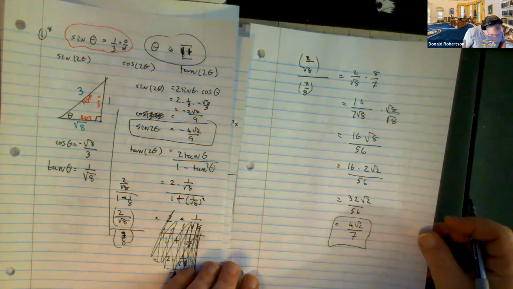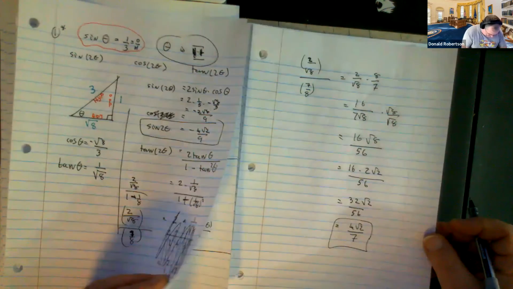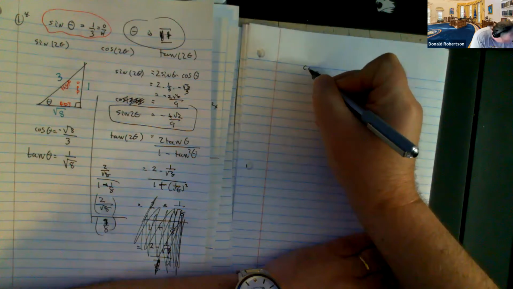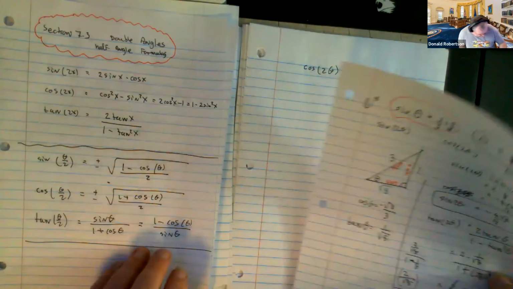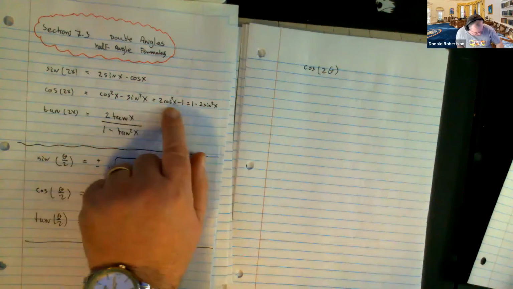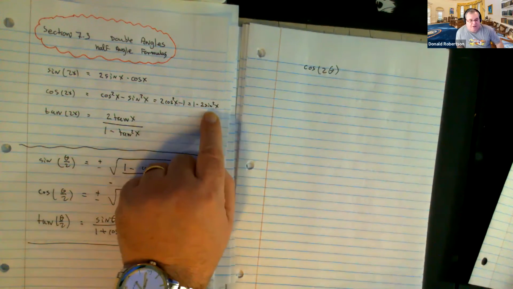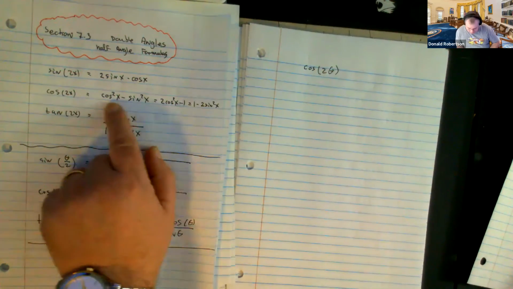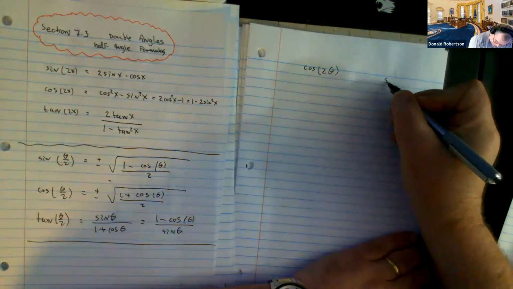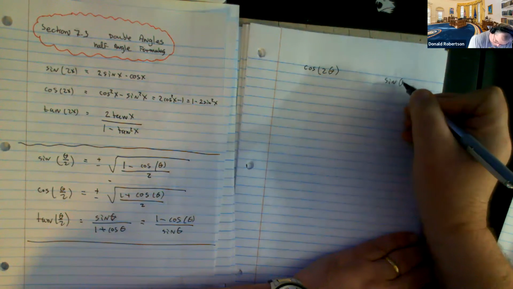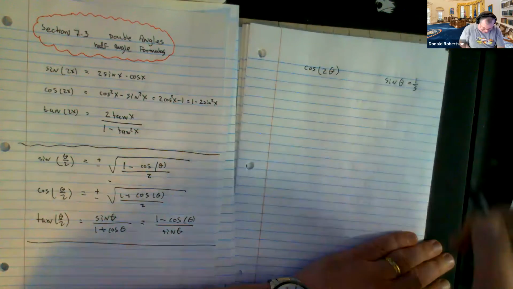And I almost forgot, because these questions take forever, that we've one last guy to find, which is the exact value for the cosine of 2 theta. I have got this guy, this guy, and this guy, and any one of them will work. I already know that the sine of theta was a third, way back at the beginning.